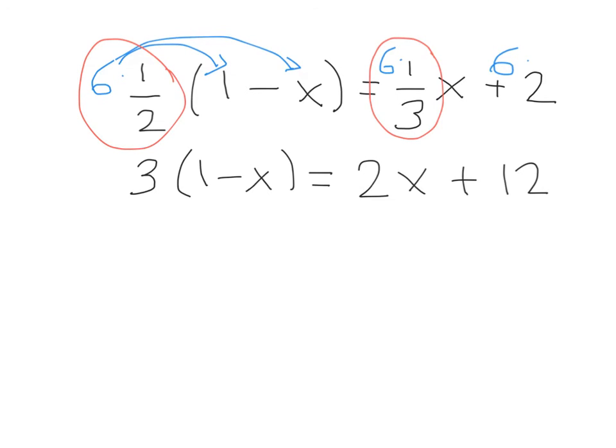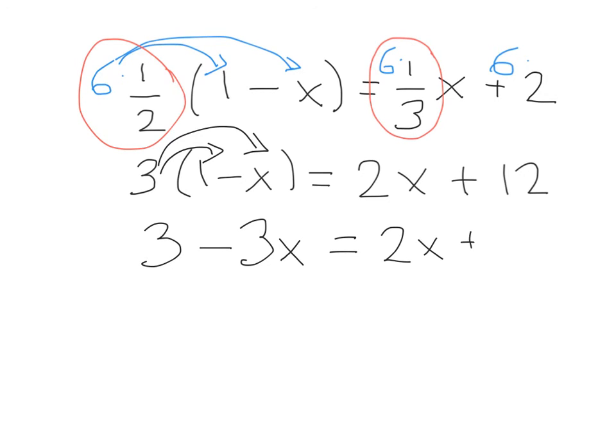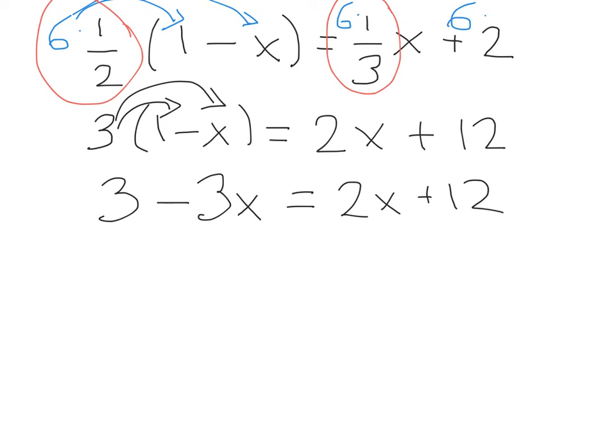From here, we can multiply through the brackets. So I'm looking at 3 times 1 is 3, minus 3 times x is 3x, equals, on our right side, 2x plus 12.